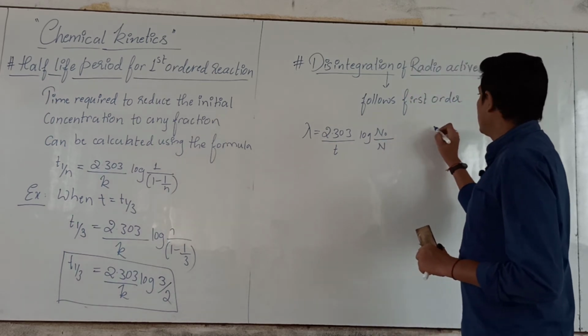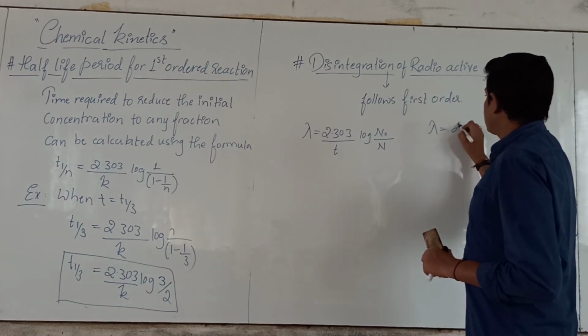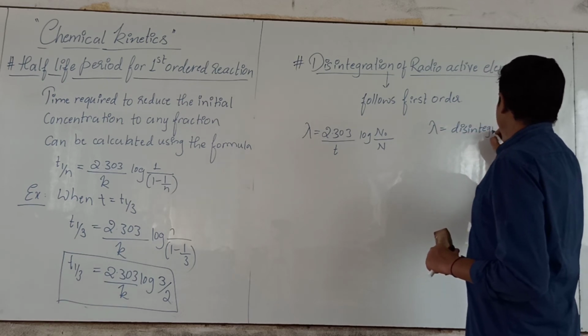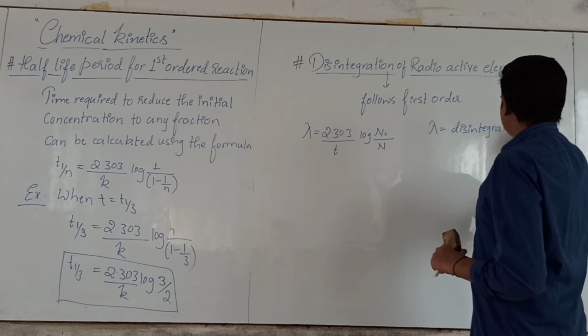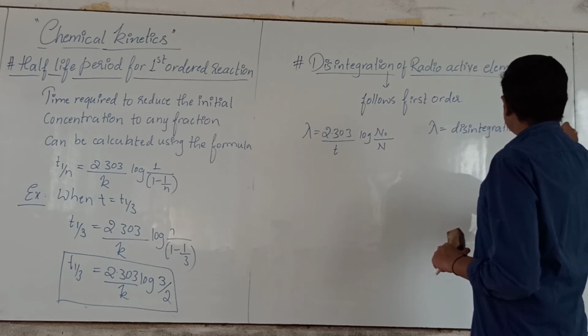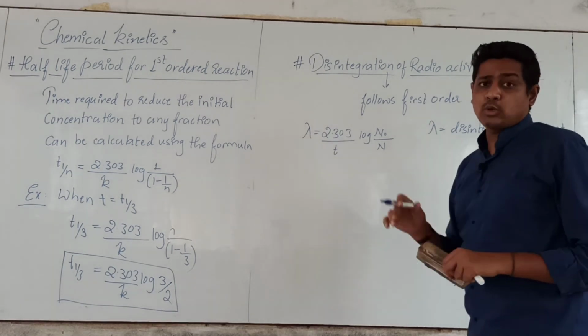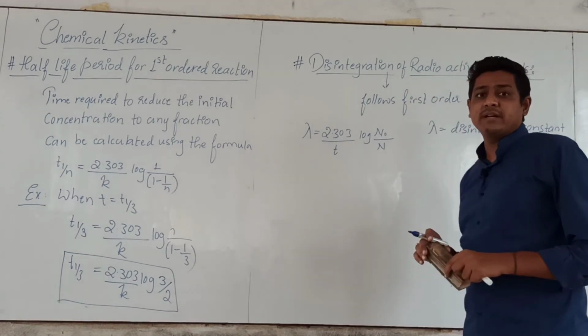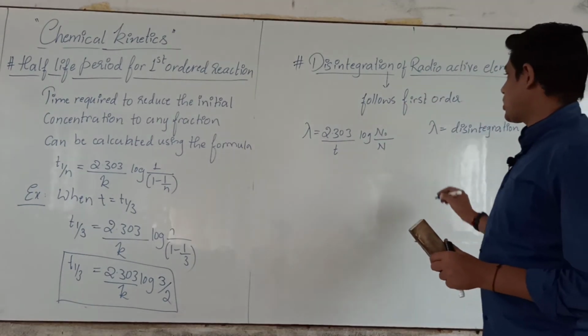Let us see what lambda is. Lambda is called the disintegration constant. Like for a normal reaction you have the rate constant, for a radioactive element we call it the disintegration constant.